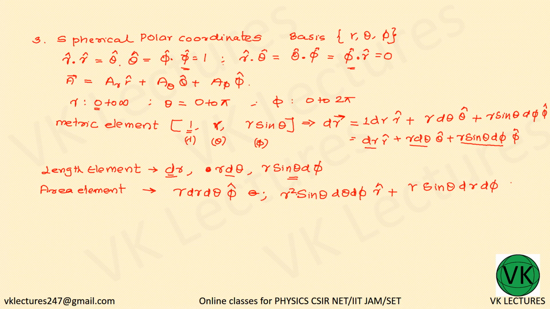So this is theta cap, this is phi cap direction unit area vector. This is in the direction of r cap, and this is in the direction of theta cap.